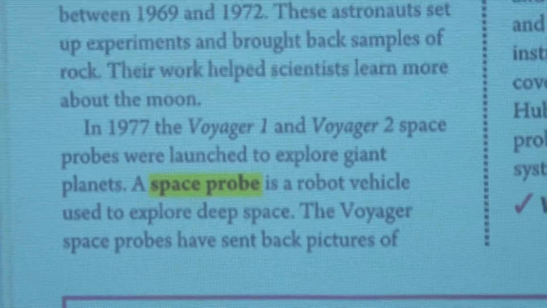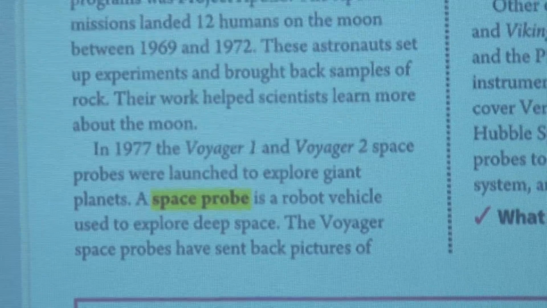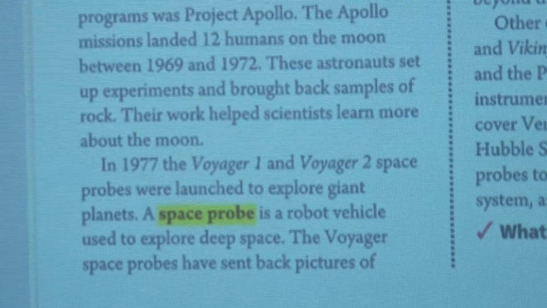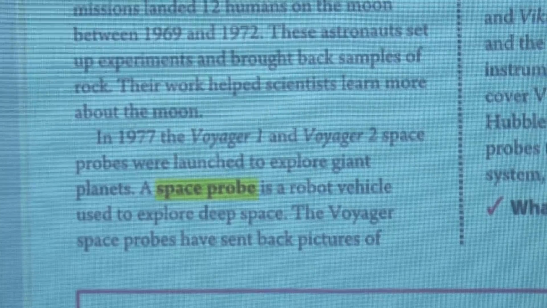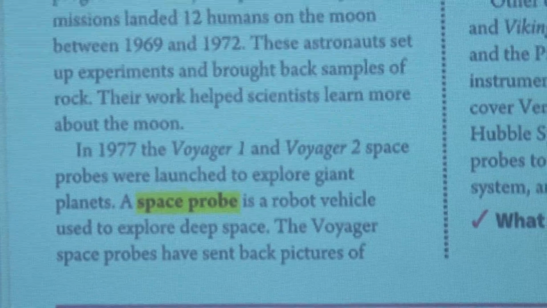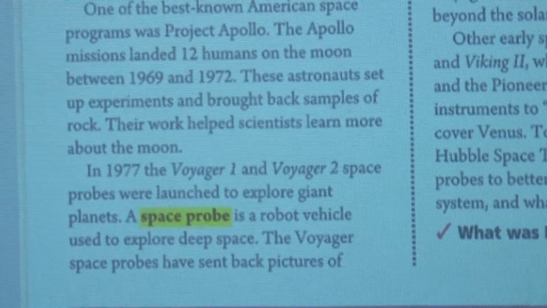If I ask you what a space probe is, you have to say it's a robot vehicle used to explore deep space. Is it clear? What is the meaning of a space probe? It is a robot vehicle.